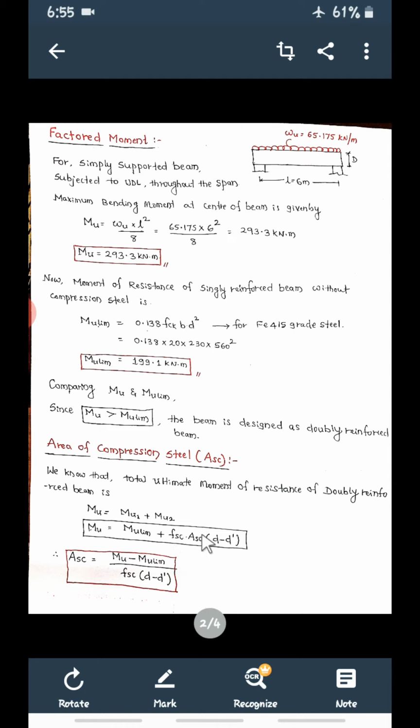This is force into distance, that is D minus D dash. So this is force into perpendicular distance, and force is stress into area.